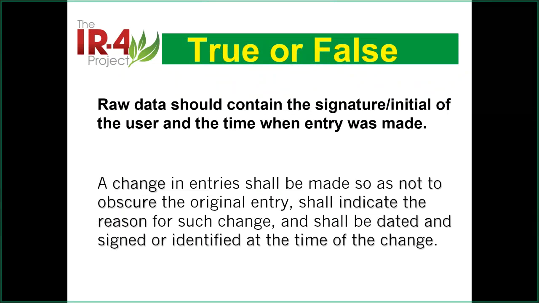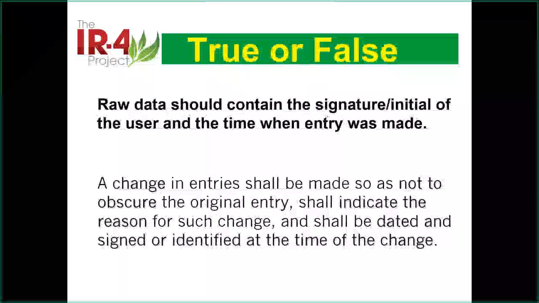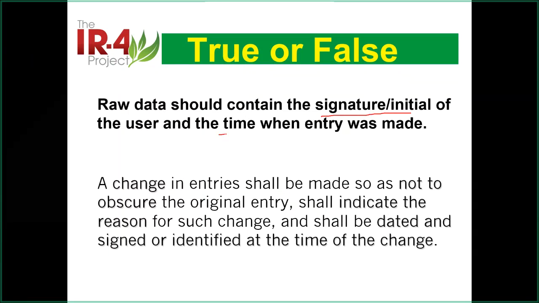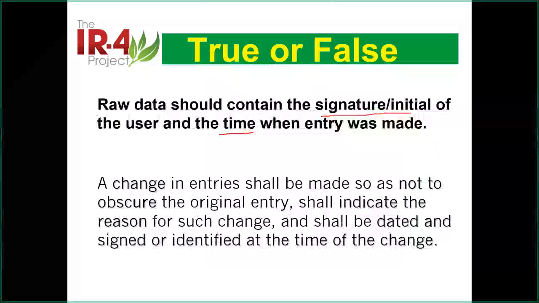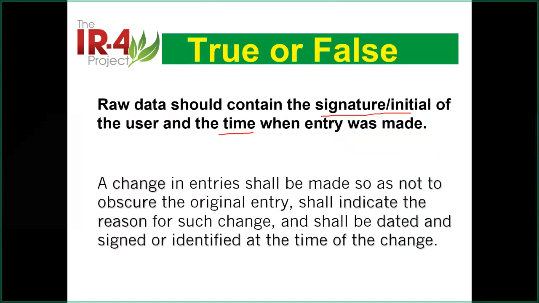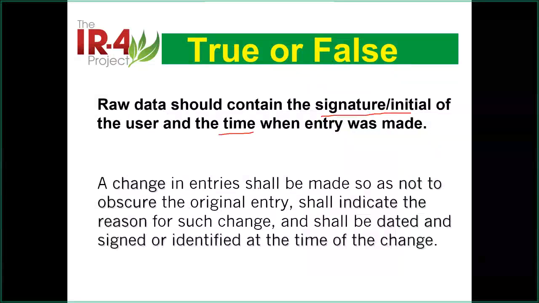Okay, so true or false. For example, the raw data should contain the signature and the date and time. And if there is any change you make to the raw data, you should not obscure the original entry.